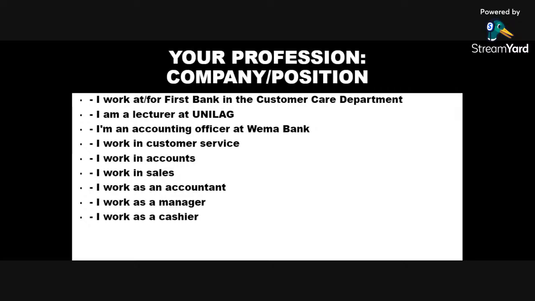You can say, I work at, or I work for. All right. I work for the flour mills in the production department. Or you can simply say, I am a lecturer at Unilag. I am an accounting officer at First Bank, or at Wema Bank.